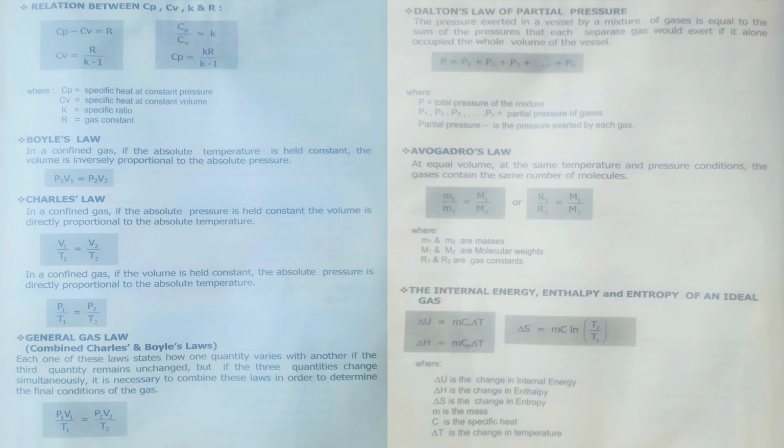That's why the change in enthalpy is mass times Cp, the specific heat at constant pressure, times change in temperature. Whereas the change in entropy is equal to mass times specific heat times the natural log of temperature 2 divided by temperature 1. Okay?